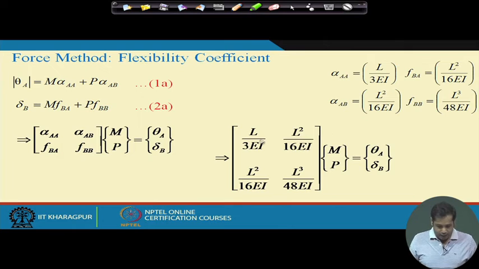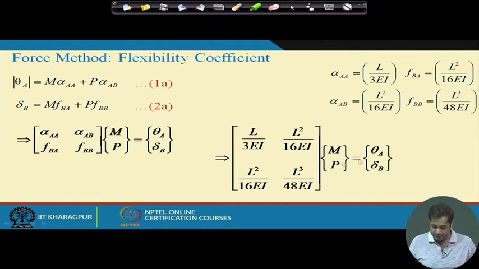Now, what we have done is, if we consider only 2 points A and B, and these loads are acting on A and B, and we are measuring displacement or rotation at A and B, then that displacement and force can be related as this, right? And since we have concentrated only on 2 points A and B, in this case this matrix is a 2 by 2 matrix, right? Now, this is called the flexibility matrix.